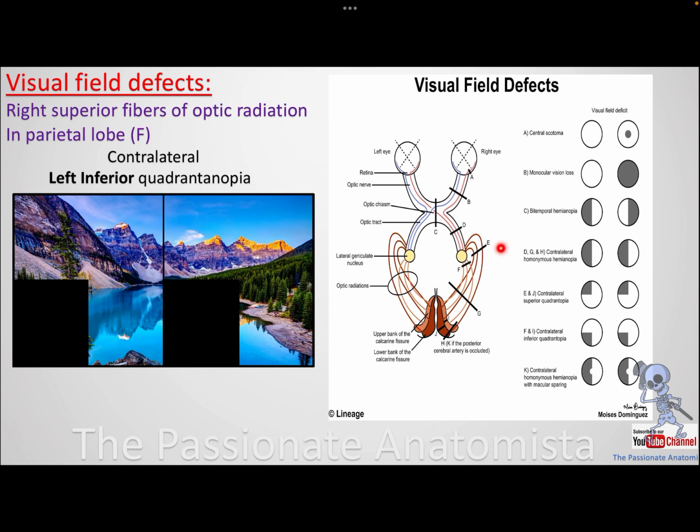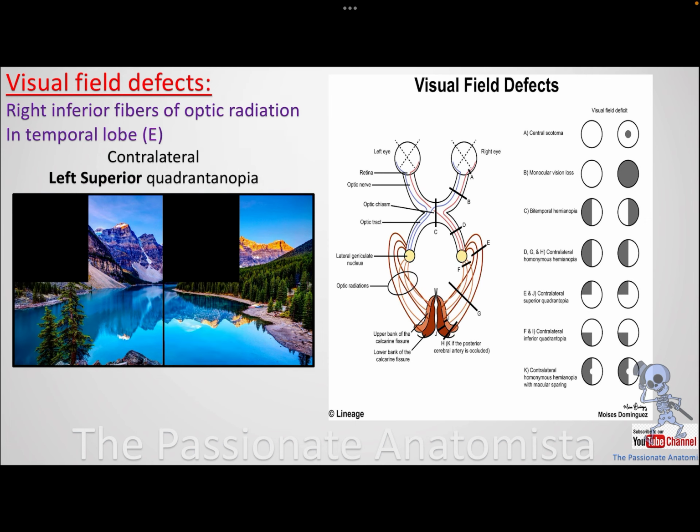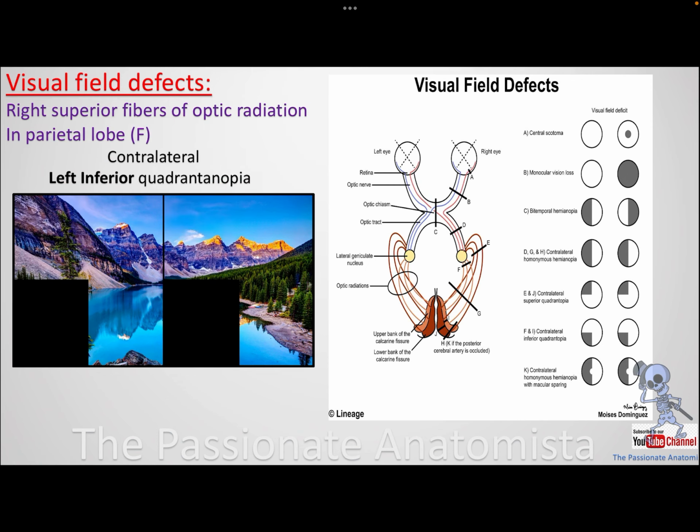So optic radiation, if we separate it into loops, is only a quarter problem. It's reversed in upside down orientation and right to left orientation. How do we call it? Right superior fibers of optic radiation, parietal, right superior, then left inferior quadrantanopia. If it's right inferior, then it's left superior quadrantanopia. All right?